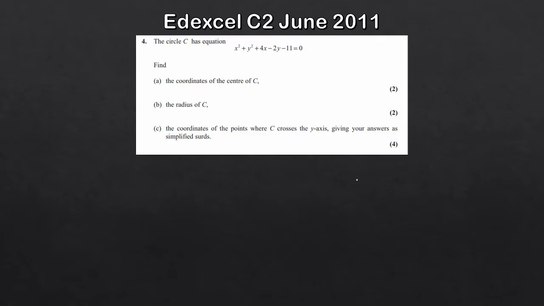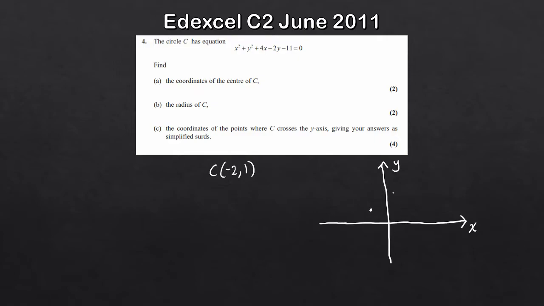So if we draw a little quick sketch to kind of see what's going on. Again, mine's just a rough sketch, but just so you can see what's going on here. So what's our centre? We've just worked out the centre as being -2, 1. So in that case, the centre will be roughly, say, there. -2, 1.